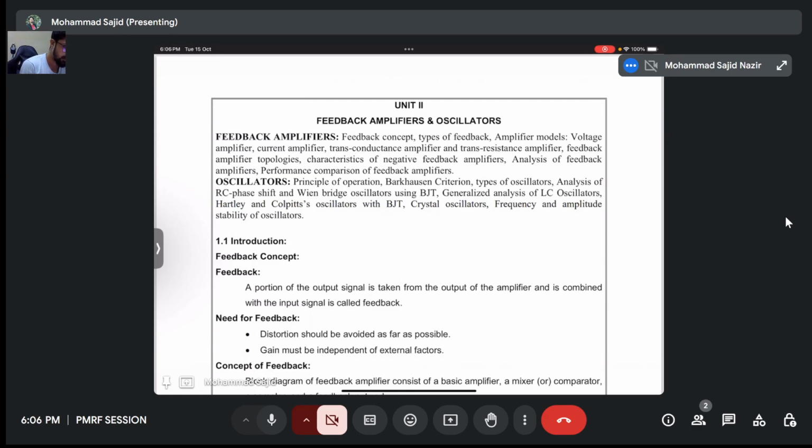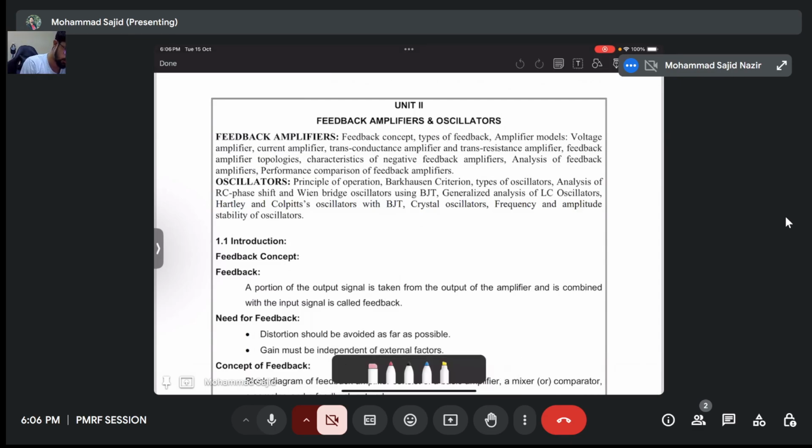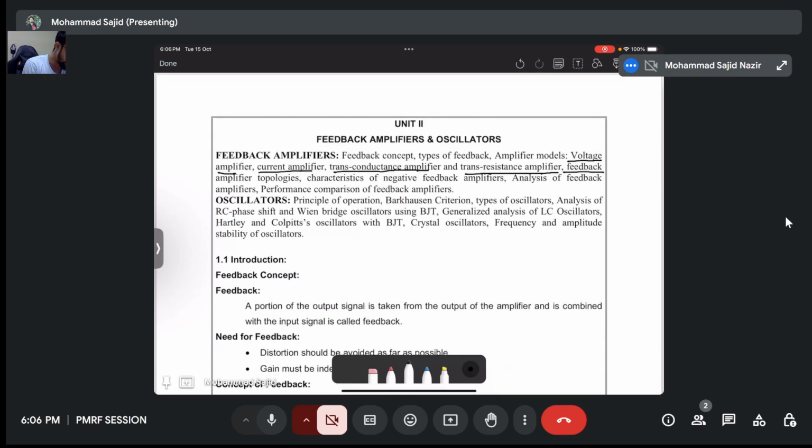And on the types of amplifiers, we have voltage amplifiers, current amplifiers, and transconductance and transresistance amplifiers. And we will study the feedback amplifier topologies and a few characteristics of negative feedback amplifiers.